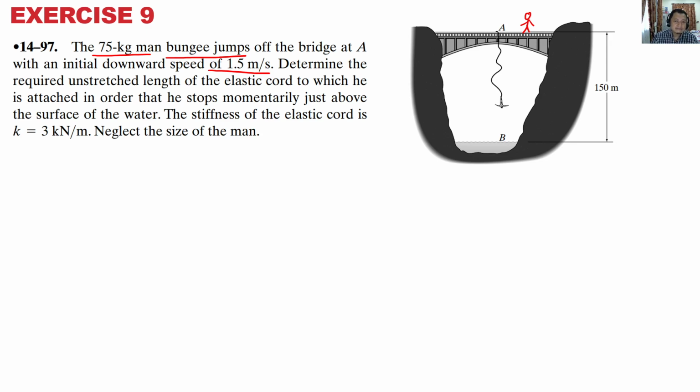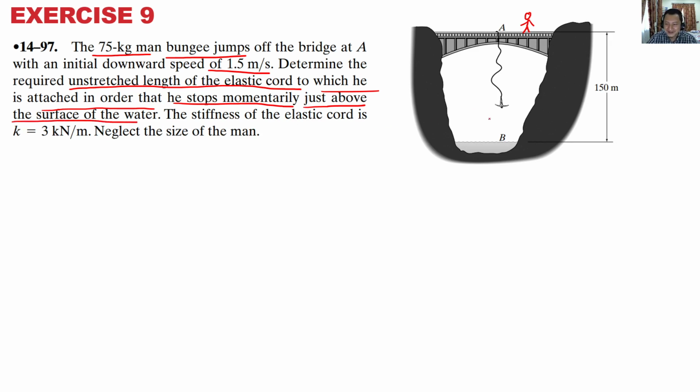75 kilogram man jumps from a bridge. Initial downward speed, meaning he jumps, he does not drop. He jumps at 1.5 meter per second. Determine the required unstretched length of the elastic cord to which he is attached so that he stops momentarily just above the surface of the water.